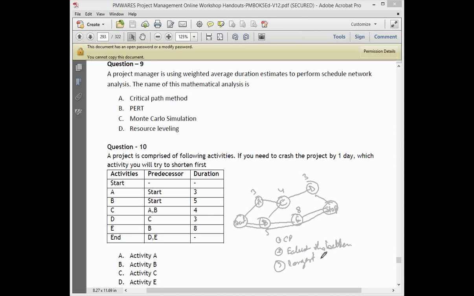Why largest? Only when you need more time. Here we need 1 day. That can be achieved on this as well as on this. If you need 3 days, then it would be difficult here. We may make this infeasible if we try to get the work done in 2 days instead of 5 days. While here, getting 3 days will be much easier. So in that case, I will prefer E.